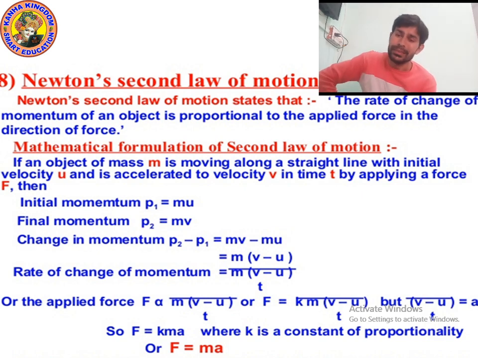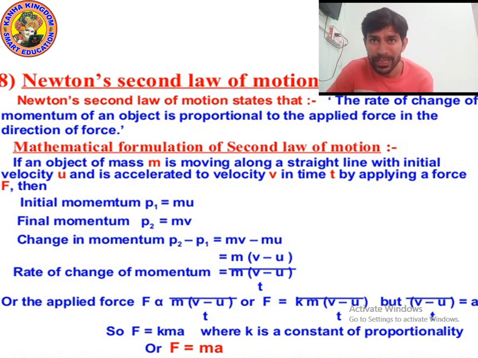Now, according to this law, rate of change of momentum will be directly proportional to force. So we will write F directly proportional to m into (v minus u) upon t according to second law of motion. If we remove the proportional sign and use an equal sign, we always use a constant.